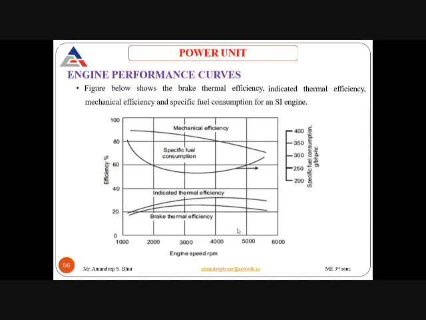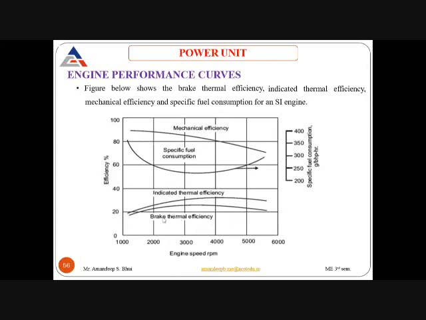Here you can see that around 1000 RPM, the idle speed, the efficiency is less, below 20%, and as the RPM increases, the indicated thermal efficiency starts to increase, and it reaches its peak around 4200. After 4200, there is a small dip, so it starts to decrease. So this is how the indicated thermal efficiency varies with RPM.